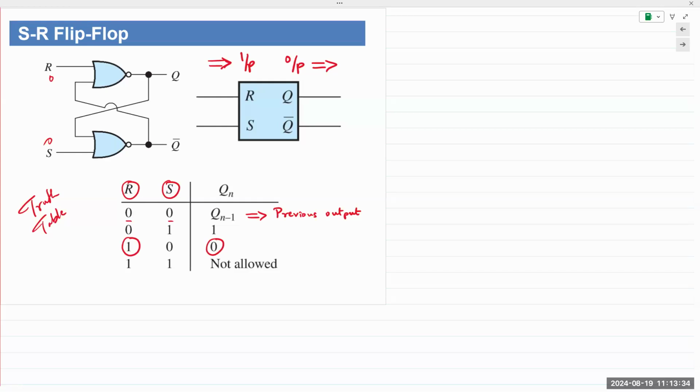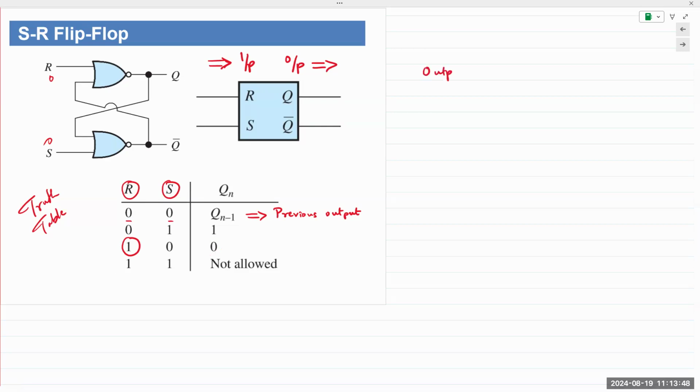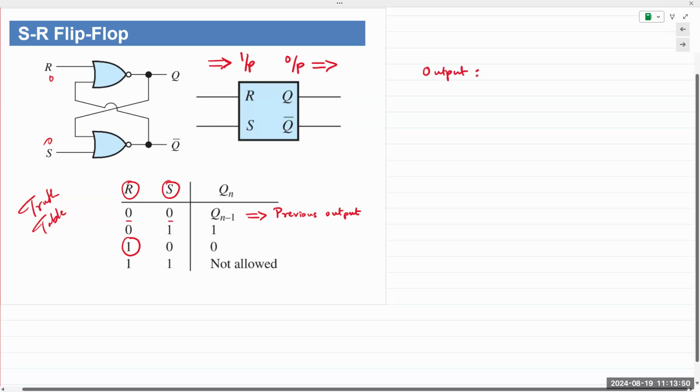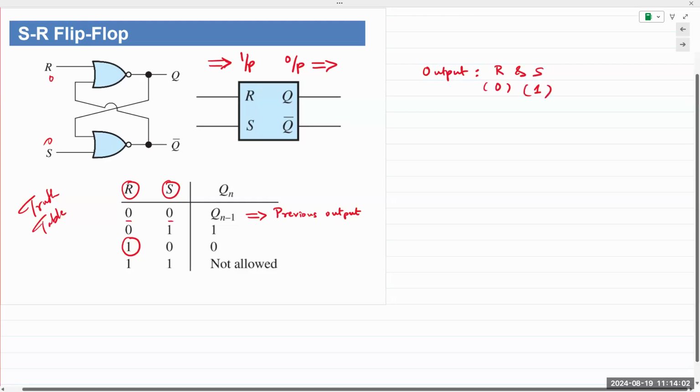This is a point of confusion I found in the past. The output of this flip-flop has two states: set and reset.